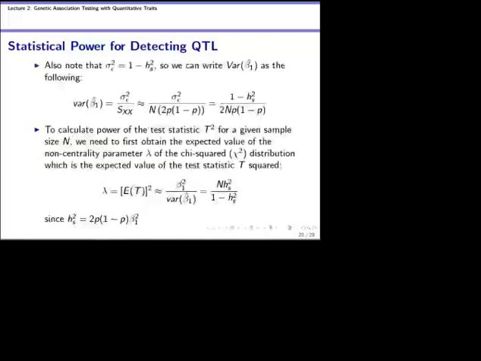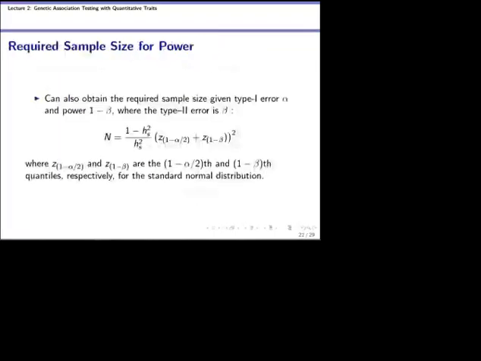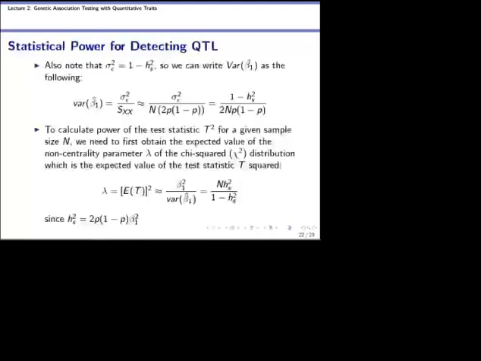I won't go through the details, but if you're inclined to, you can calculate power using this formula. You can also calculate what sample size you'll need to detect certain effect sizes. If you have a sample and you want to know your chance of finding a signal for a given effect size, you can do it this way.